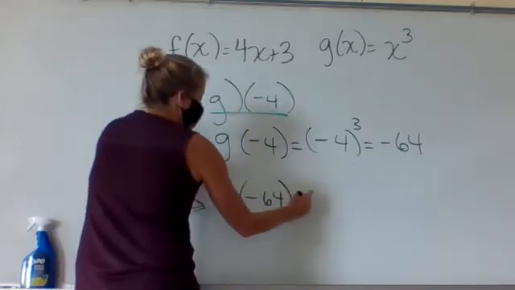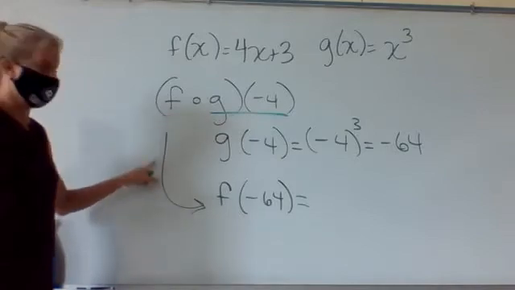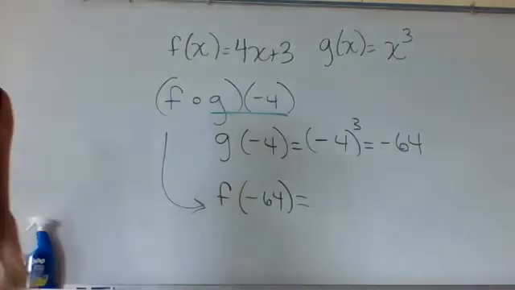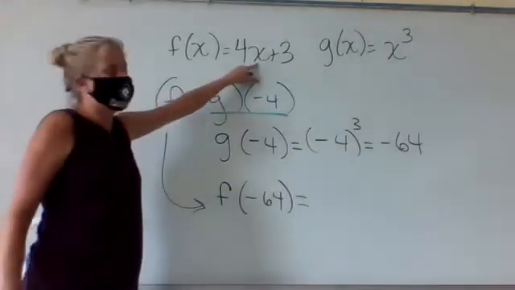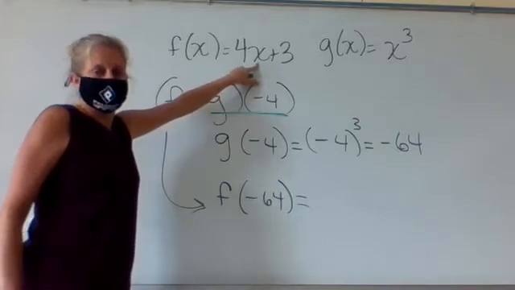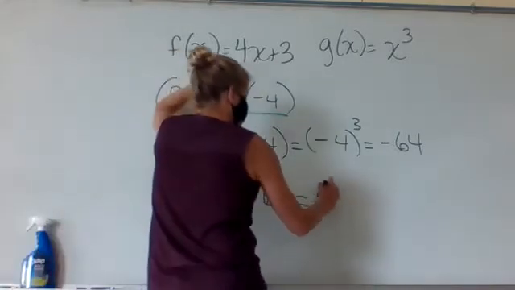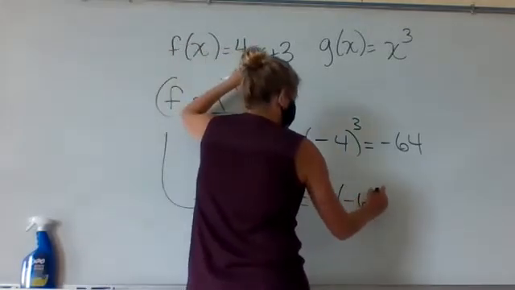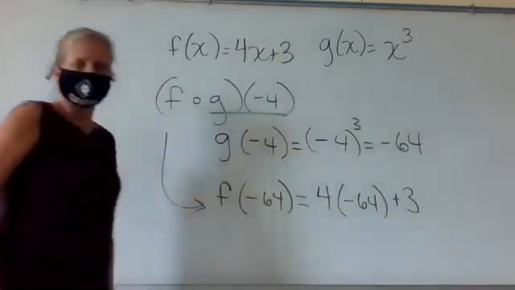So there's that solution. That's what tells you to find f of. So I'm finding f of whatever that answer was. So since it's negative 64, that's telling me to go to my f function and replace the x with that. So if I do that, I'll have 4 times negative 64 plus 3.